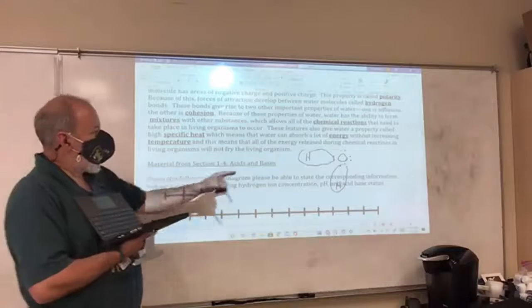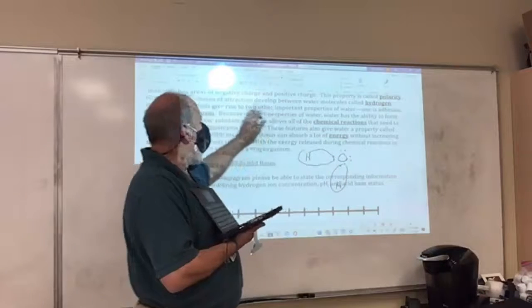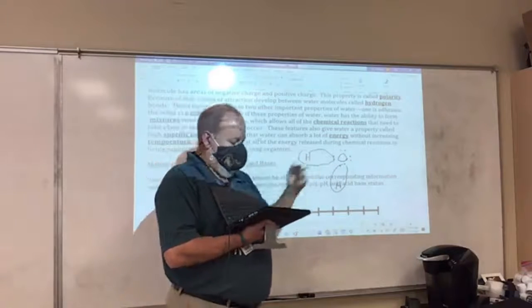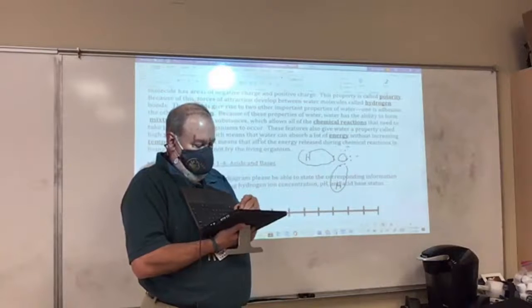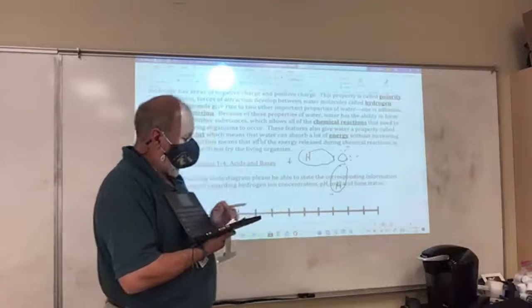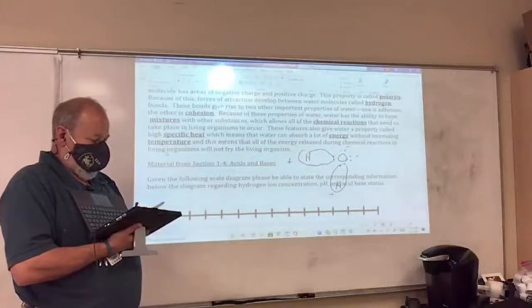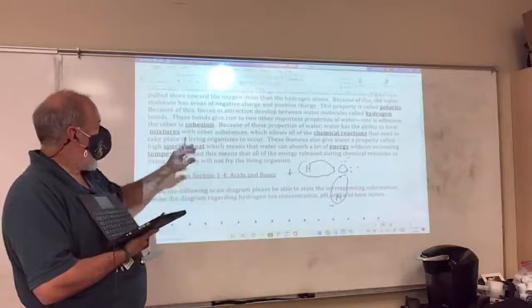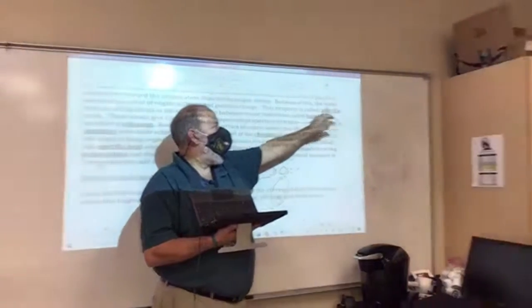Okay? Because the shared pair of electrons are closer, I have more of a negative charge around my oxygen atom and more of a positive charge around my hydrogen atom. And because of this, this is called polarity.